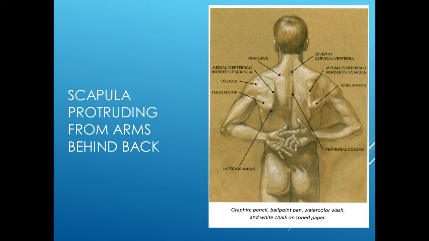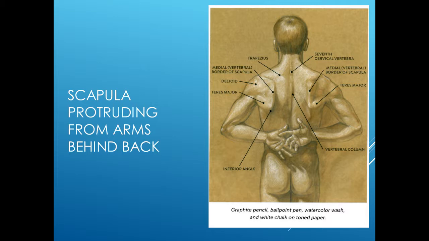If you'll notice right here, the seventh cervical vertebra, C7, you can feel that. If you move your head forward or bow your head down just a little bit and move your hand from the back of your skull down your vertebral column, down your spine, you'll find that there's one bone that kind of sticks out a little bit.